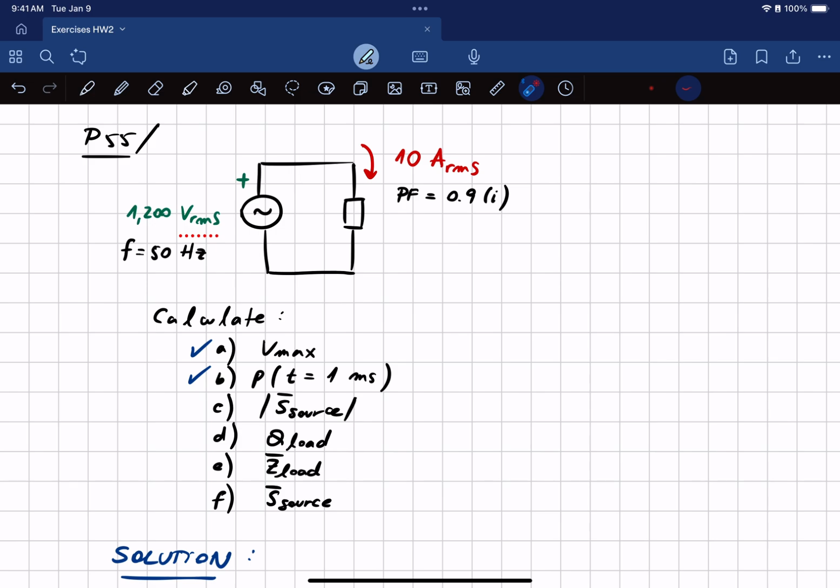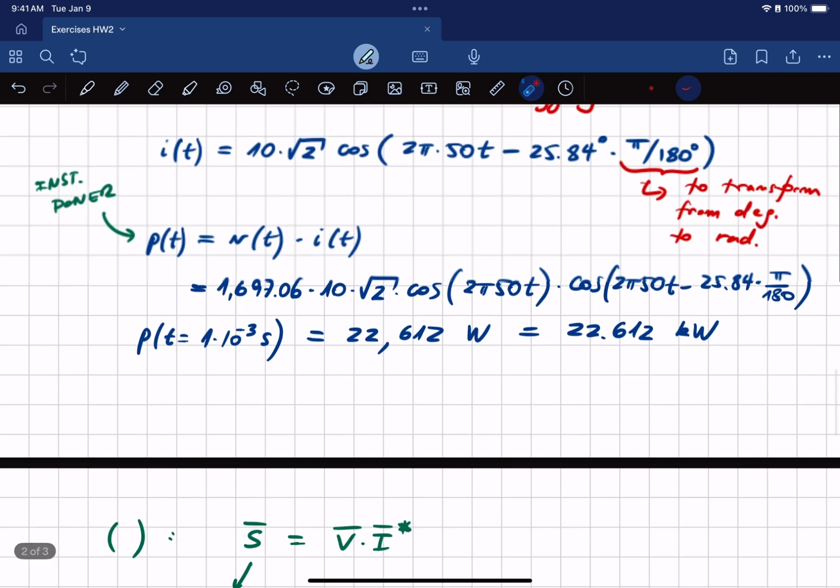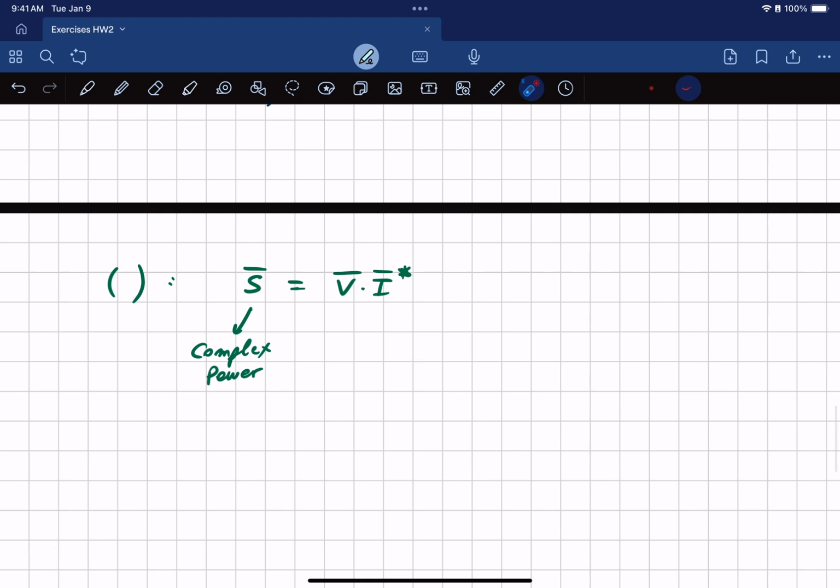Is it a load? Okay, I'm going to calculate the voltage at the load and the current at the load. The complete phasor, with module and angle. And once I have that, I can use this simple definition: V times I conjugate.